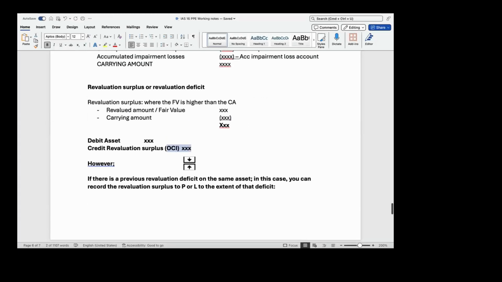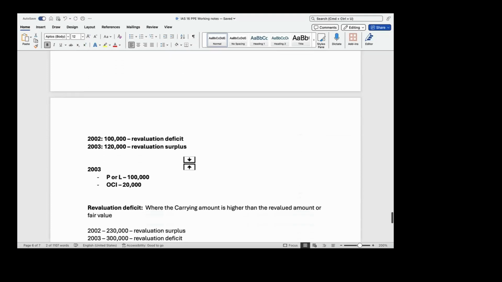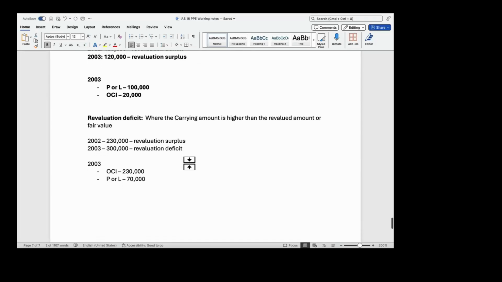But even when you have a surplus and there is a previous revaluation deficit on the same assets, that surplus would have to go to P&L to the extent of the deficit. And when you have a deficit, and in a previous period we had a revaluation surplus, that deficit has to go to OCI to the extent of that surplus. Any excess can then go to P&L.